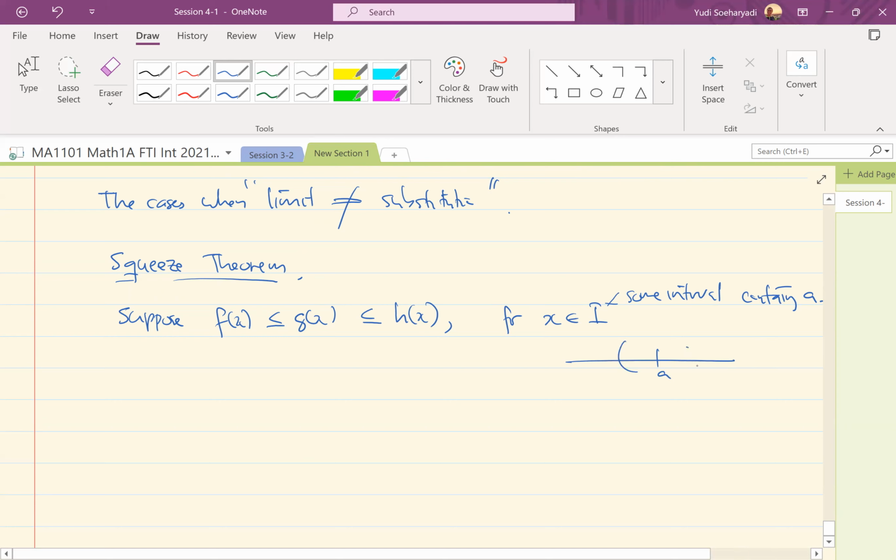So this is a, this is the interval. This is assumption 1. Assumption 2, this limit exists, and this limit exists.